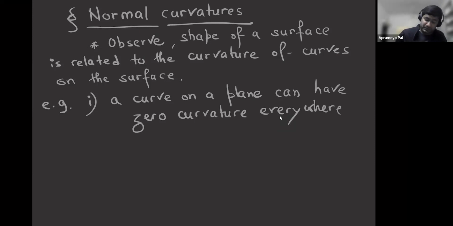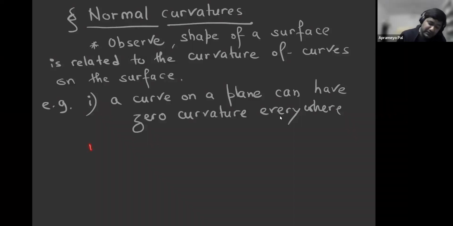Right? So here I am talking about this curvature, the curvature of a curve. If you consider a curve in a plane, then that curve can have zero curvature everywhere.